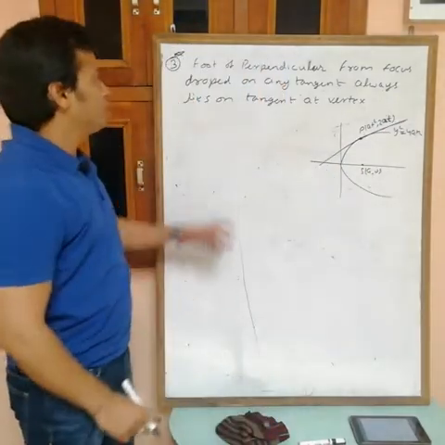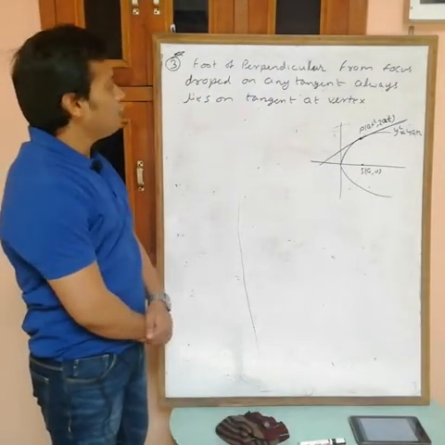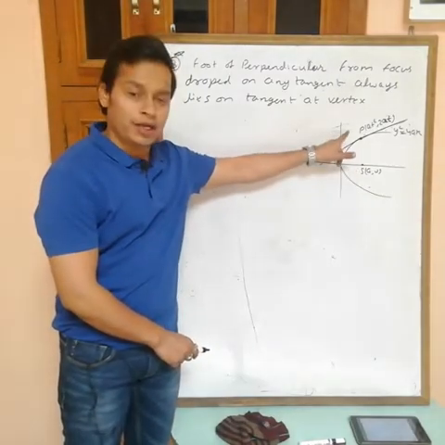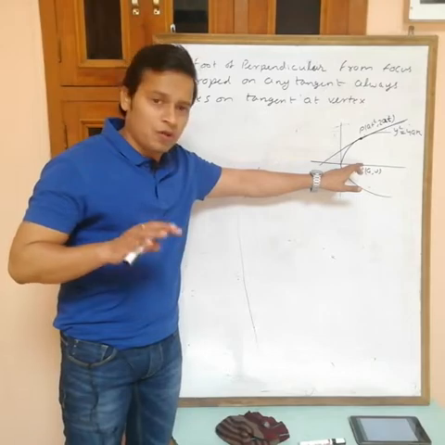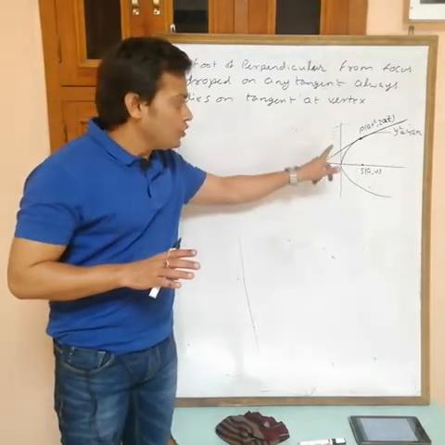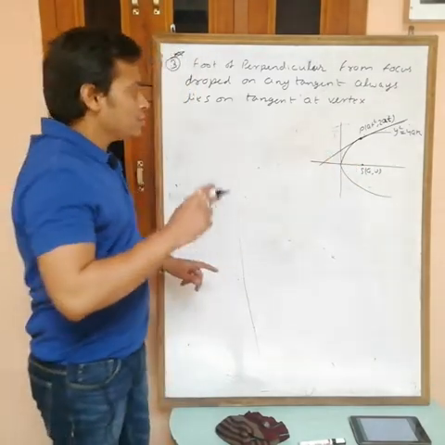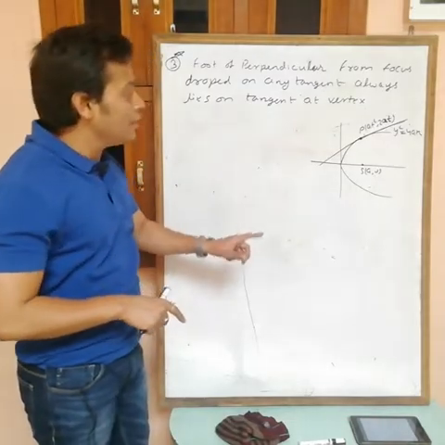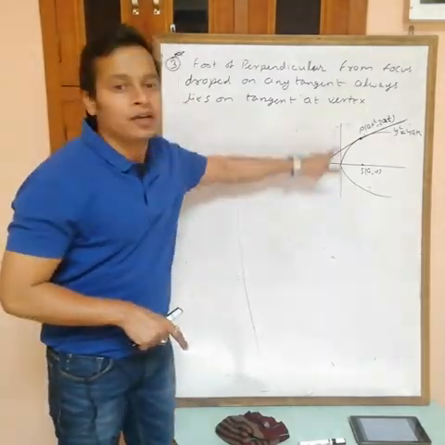Okay, so from this property, foot of perpendicular from focus to any tangent, if you drop the perpendicular from this point on this line, okay, then that foot of perpendicular always lies on tangent at vertex.